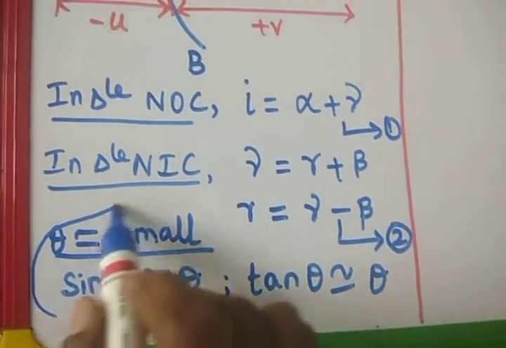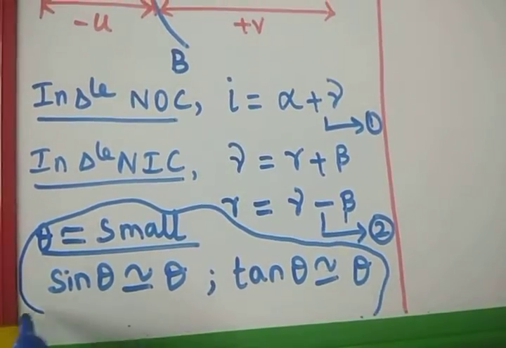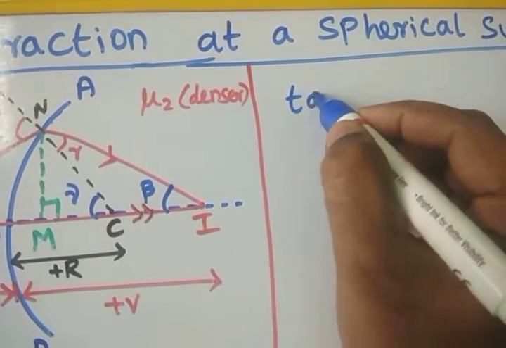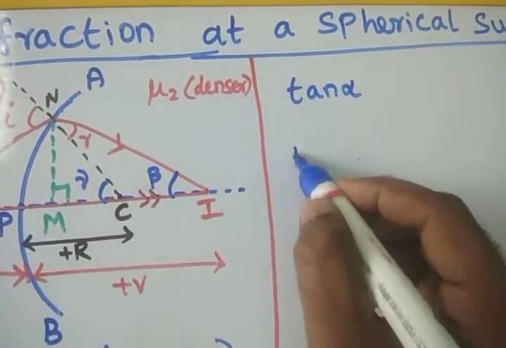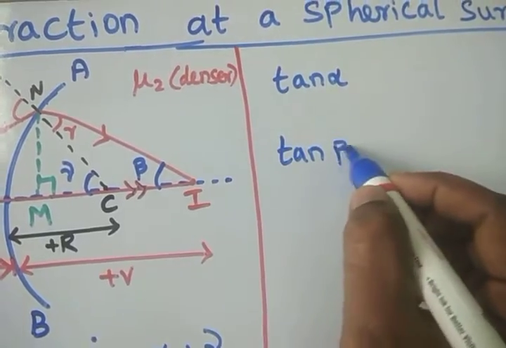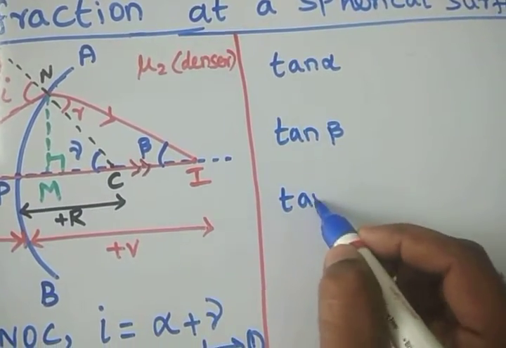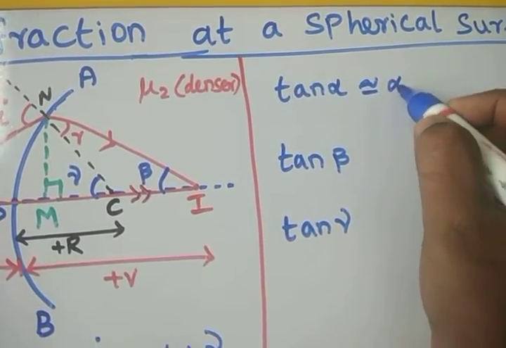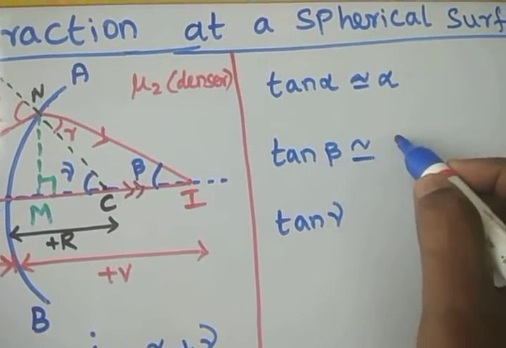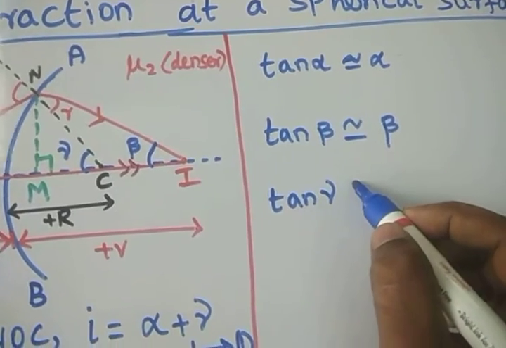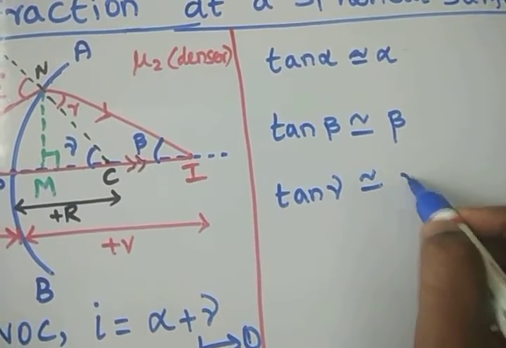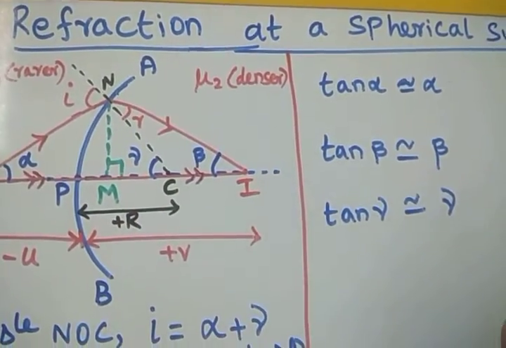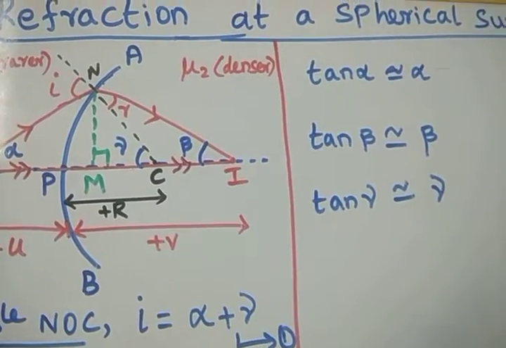Considering these trigonometric approximations, we will now calculate tan alpha, tan beta and tan gamma. Tan alpha is approximately alpha, tan beta is approximately beta, and tan gamma is approximately gamma, because alpha, beta, gamma, I, R are all very, very small angles.